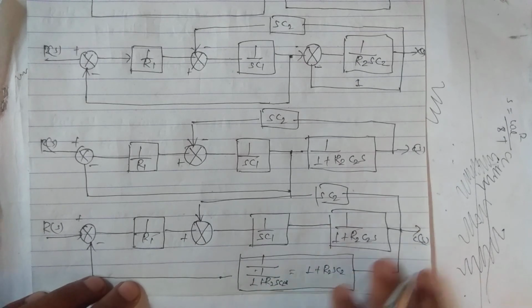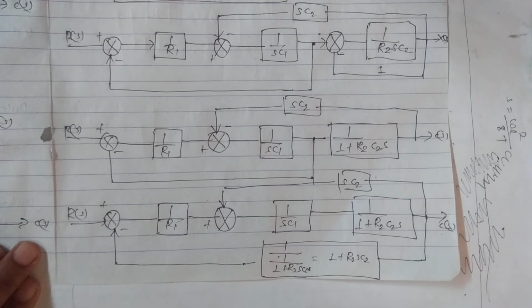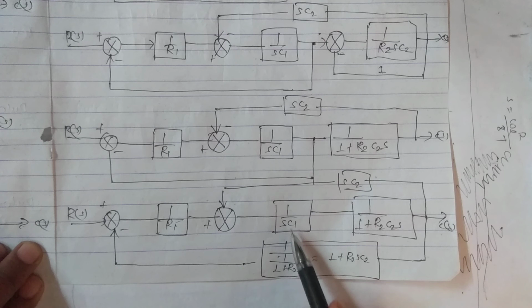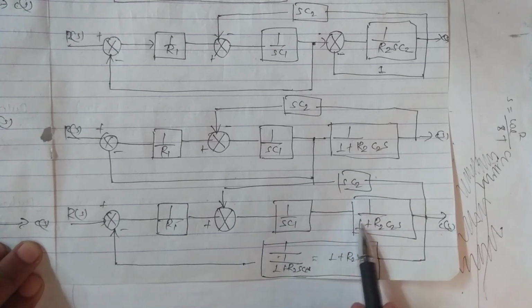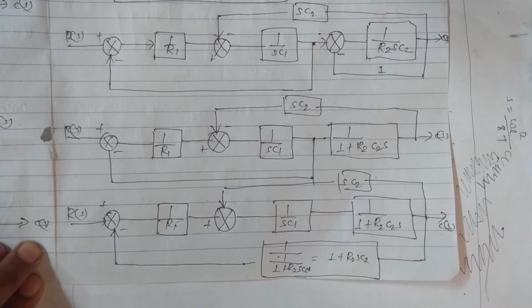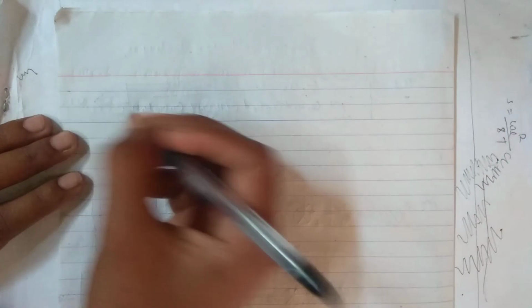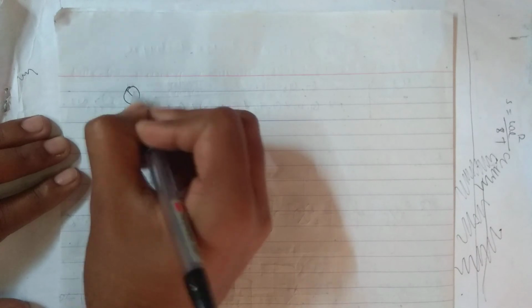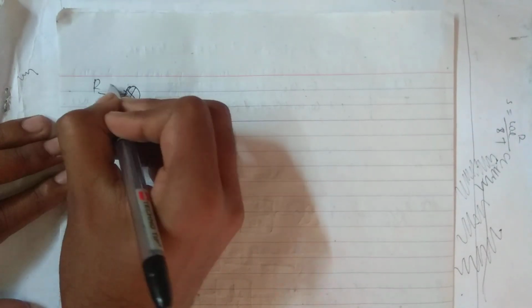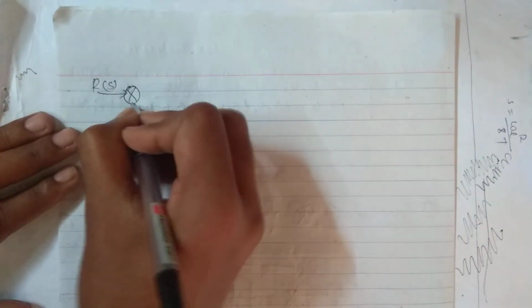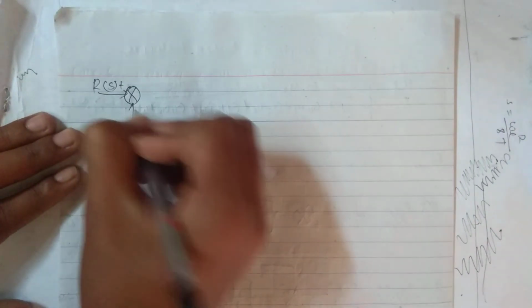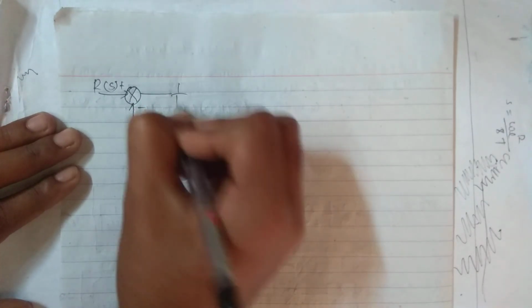So you can apply this technique here. Now here 1 by SC1 and 1 by 1 plus R2 into C2 S. These two are in cascaded form, then we will multiply these two blocks. Now here we have RS, 1 upon R1.